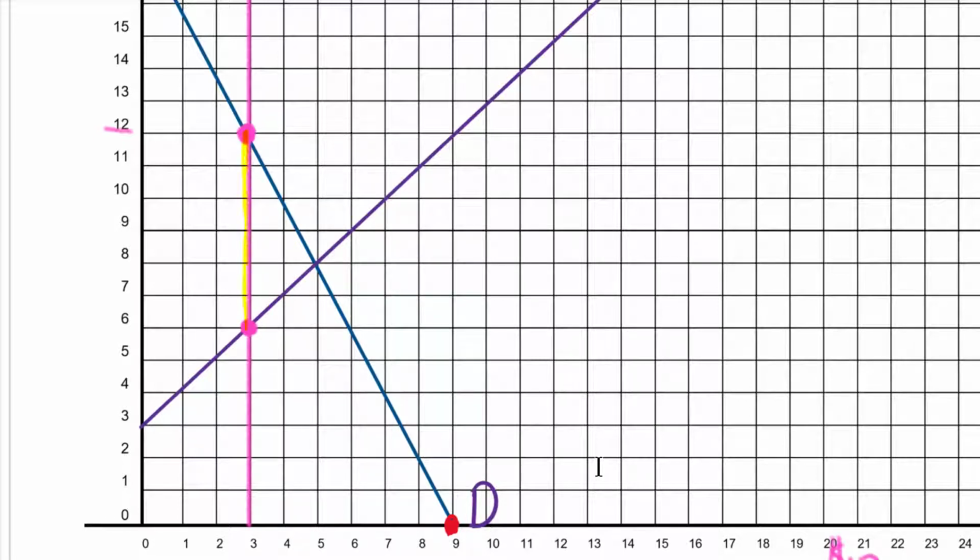That little line segment. Well, if on the demand curve it says it's $12 and on the supply curve it says $6, what's the difference between those two prices? $6, right? 12 minus 6. We could count it. 1, 2, 3, 4, 5, 6.